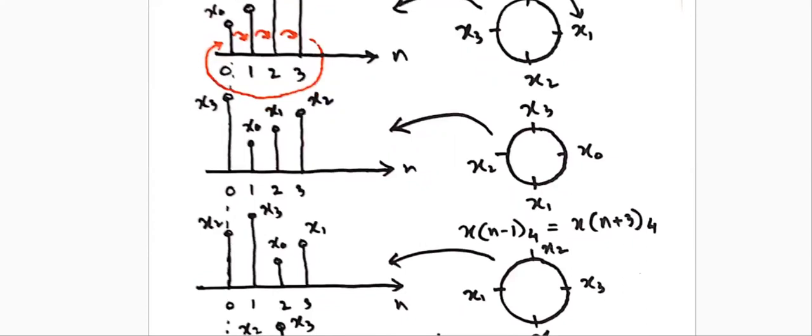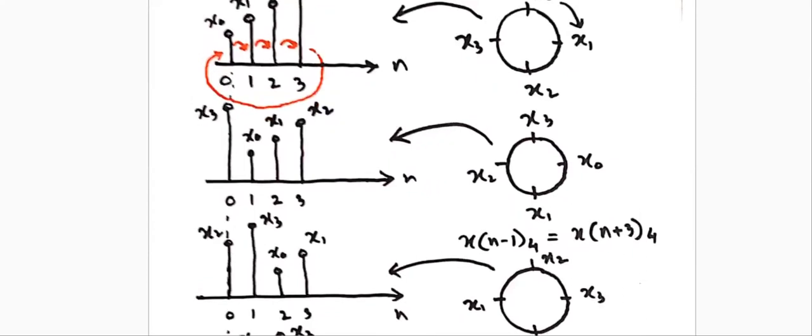Now, how do we mention it mathematically? In case of linear shifting, if this is your x[n], we mention it as x[n-1]. This is for the linear shifting. But for the circular shifting, we should mention how many samples there are, so we need to put a 4. Try to understand how they actually work.